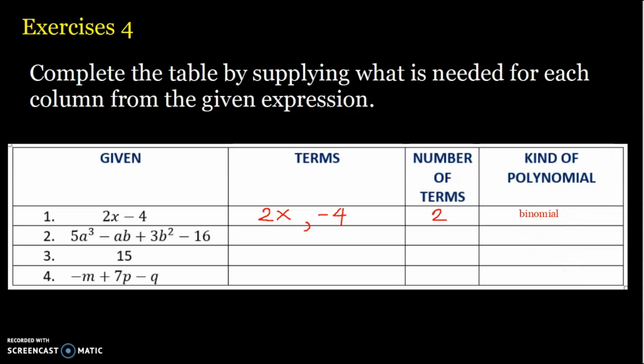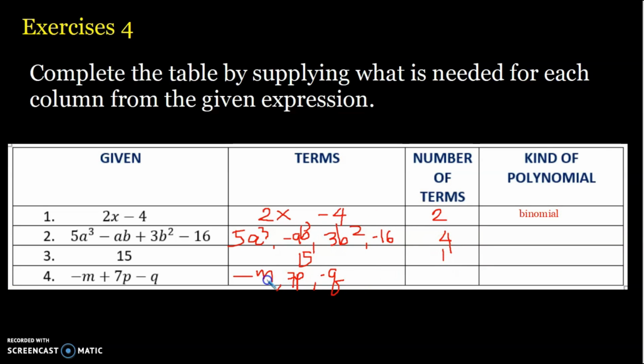Okay. Next. The next one is 5a cubed minus ab plus 3b squared minus 16. So ang terms ay 5a cubed, negative ab, 3b squared, and negative 16. So, dahil 1, 2, 3, 4 ang term sa number 2, 4.